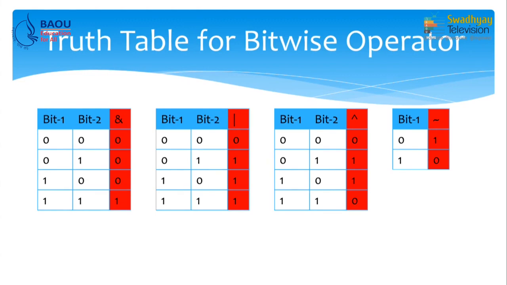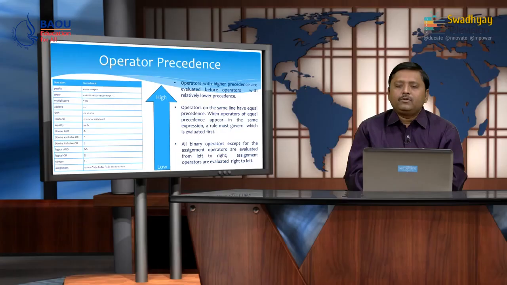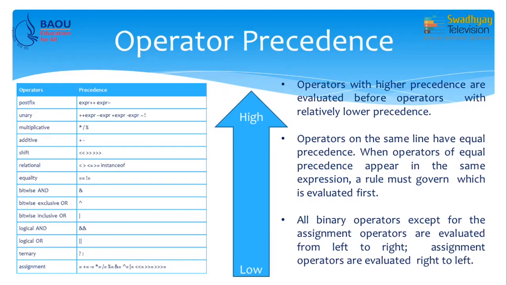Now, we discuss different types of operator. In any expression or formula, we use many operators at a time. So, which operator will be evaluated first? For that, Java defines operator precedence. Operator precedence defines which operator will be evaluated first.